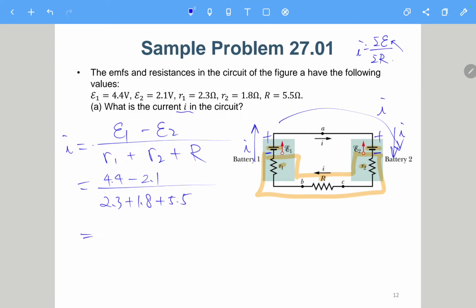So the final value should be 0.240 ampere.